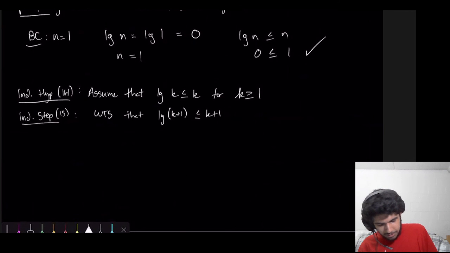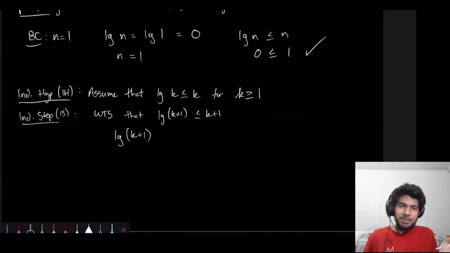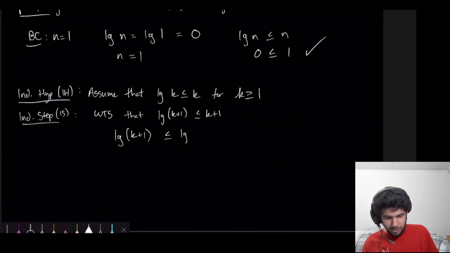This can actually be kind of tricky because we have to be kind of liberal with it. In normal mathematics, when we do induction, we're typically very strict with how we do things, but since we're dealing with inequalities here, we can be very free. So log of k plus 1, I can say that is less than or equal to log of 2k.